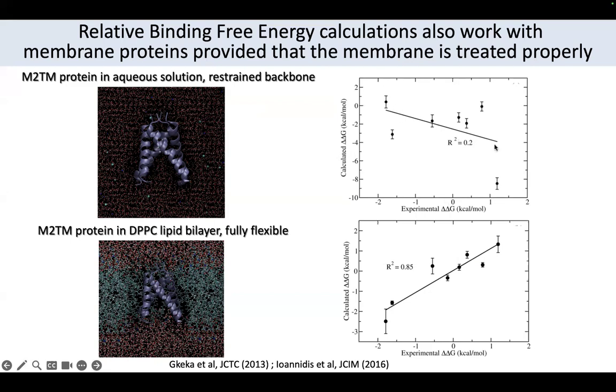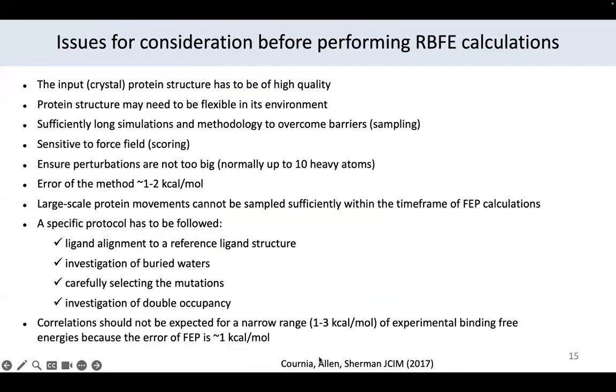You see here there is no correlation between these two. But when we embed the protein in a lipid bilayer and leave it fully flexible to adjust its dynamics to the environment, then we can resurrect the correlation between the calculated delta delta G and the experimental delta delta G. If you're interested, here are the publications summarizing these results.